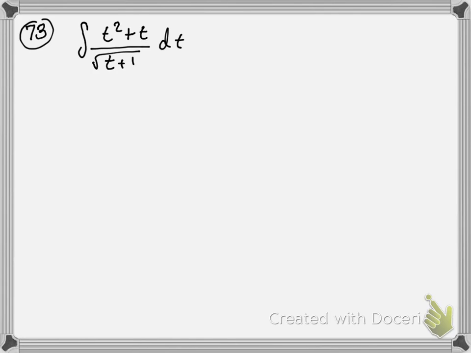So in 73, you have a radical in the bottom. Okay? So I'm going to let the bottom part without the radical be my u. All right? So u is going to be t plus 1. So that kind of helps me out. I've got t squared plus t all over the square root of u.